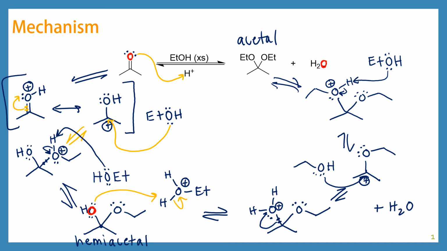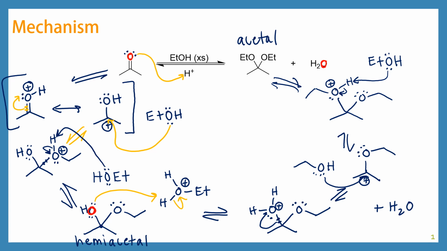So if the positive charge was the result of a proton, such as here, we deprotonated it. If the positive charge was a carbocation that resulted from resonance or from a leaving group leaving, we fixed it by attacking that carbocation with a molecule of ethanol. So anytime that there was something displeasing or unstable, we were able to stabilize it in a logical way.